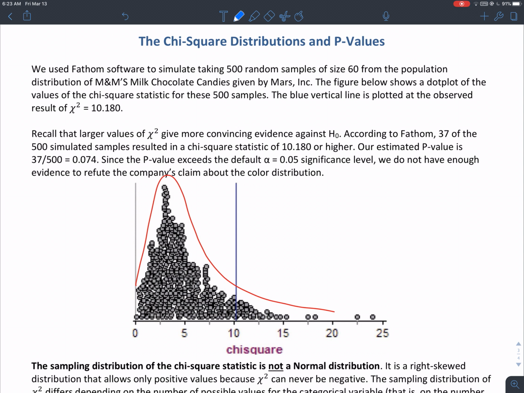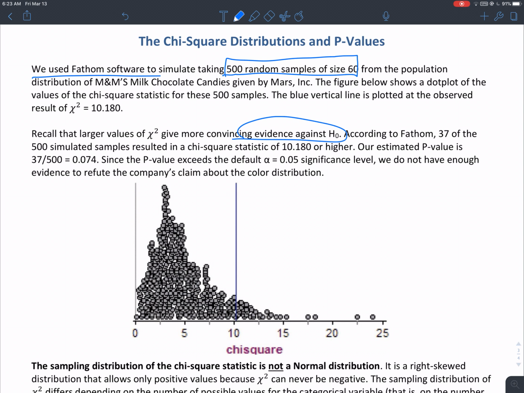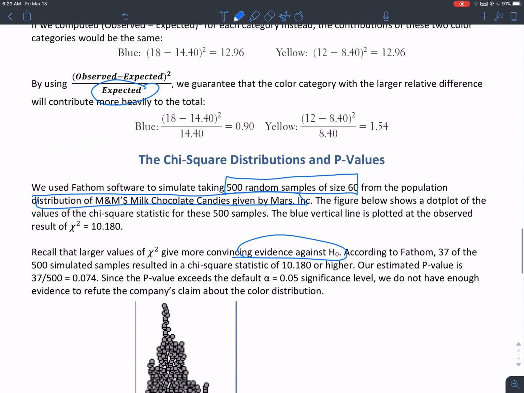So what they did here, hopefully you understand what this thing is. This would be them saying, assuming H sub 0 is true, let's build an approximate sampling distribution. So they took 500 samples of size 60 from a population that is distributed the way that Mars said it is.